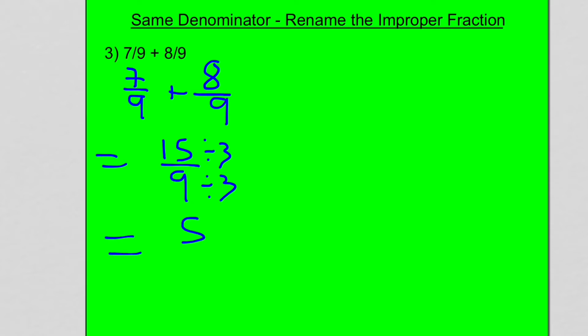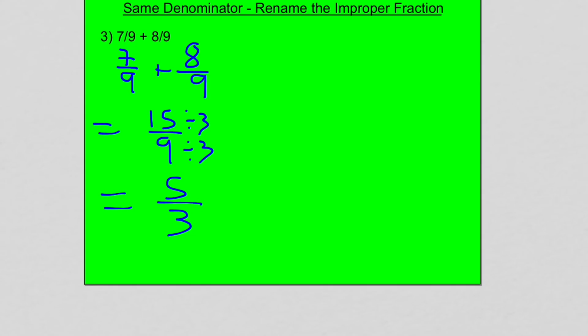And that gives you 5 over 3. Now, we typically don't want to leave a fraction as an improper fraction with a larger number in the numerator than the denominator. So we remember that this means divide. This means 5 divided by 3. Or how many groups of 3 fit inside 5? You'd get 1, remainder 2, out of what should have been a group of 3. Okay, so that's a typical question where you have to rename the improper fraction into a mixed number.